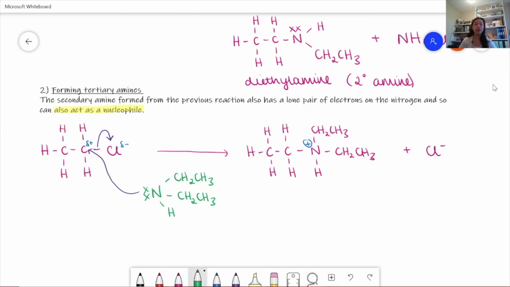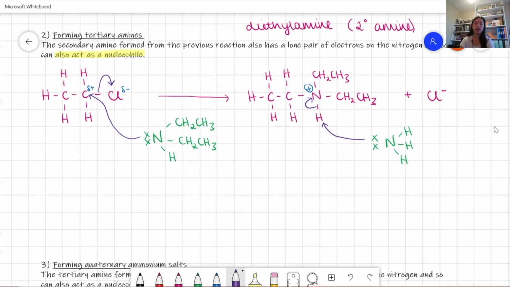And again, we have an ammonia nucleophile attacking. So we have NH3. And again, these two electrons target the hydrogen which is attached to the positive nitrogen, and then these two electrons move towards this positive nitrogen because they're attracted to that positive charge. And so now we form the tertiary amine.